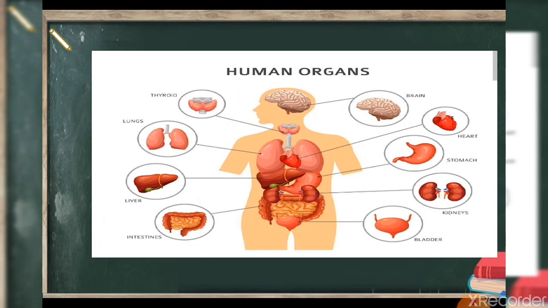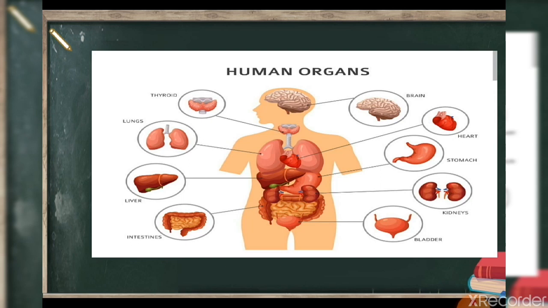As you all know, we have so many organs in our body. Now the first question is, what are organs? We all know that our body is made up of cells. The basic structure of our body is a cell, and a group of cells is called a tissue. A group of tissues makes an organ. Very good.